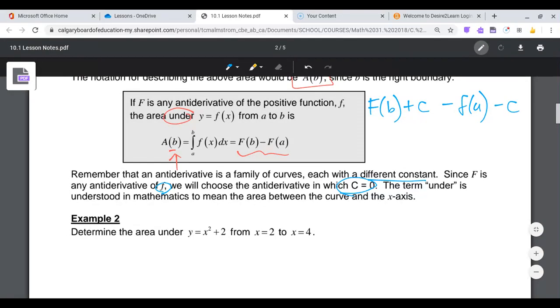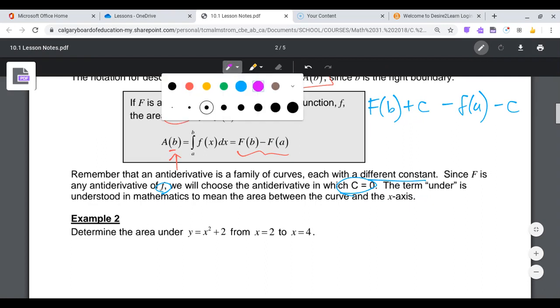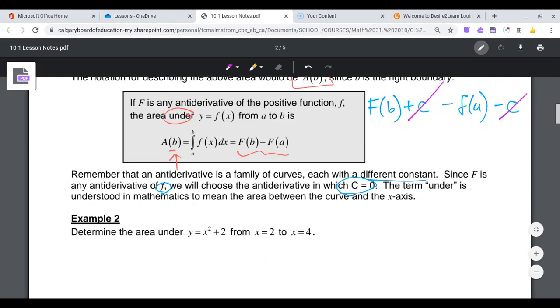The c's cancel, right? Once you distribute the subtract through, the c's cancel. So you can also just think of it that the c's are canceling, and then you just don't need to write the c's out. So that's the gist of this piece, is that I don't need to see c when you're calculating the areas or definite integrals.